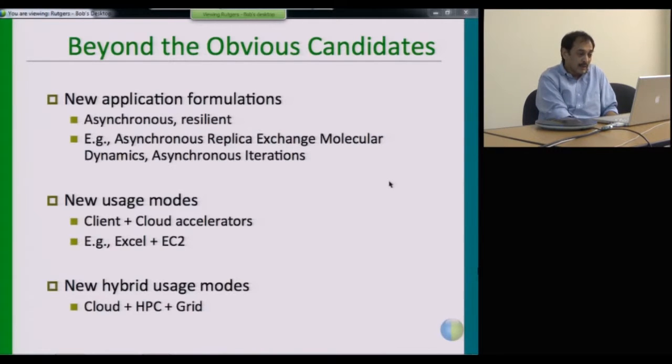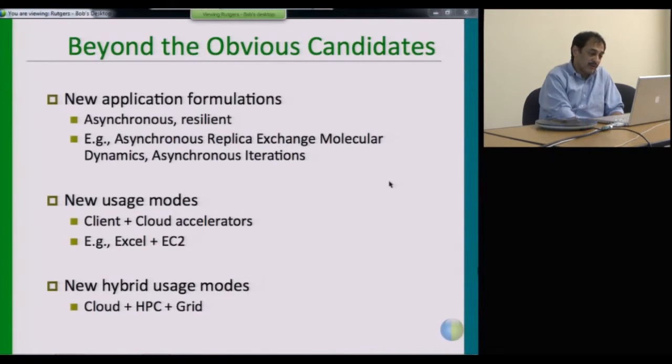And so this would mean that one would have to come up with more interesting formulations of applications that are asynchronous or resilient to latencies, data loss, failures, and the like, right?